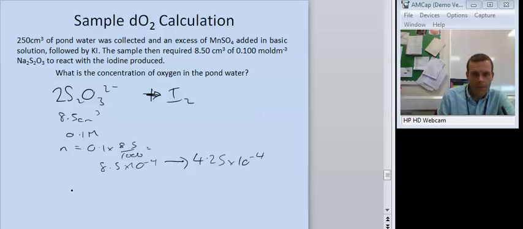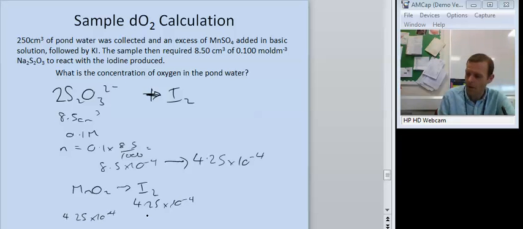And then, working that back through, I can see I've got a relationship between manganese dioxide and the iodine, and that is a 1-to-1 ratio, so 4.25 times 10 to the minus 4 is going to be 4.25 times 10 to the minus 4 of the manganese dioxide.